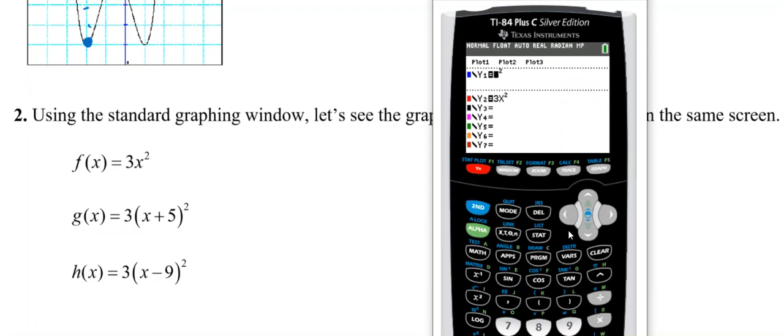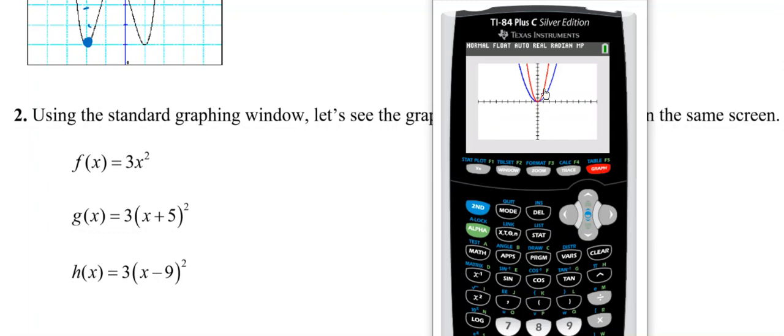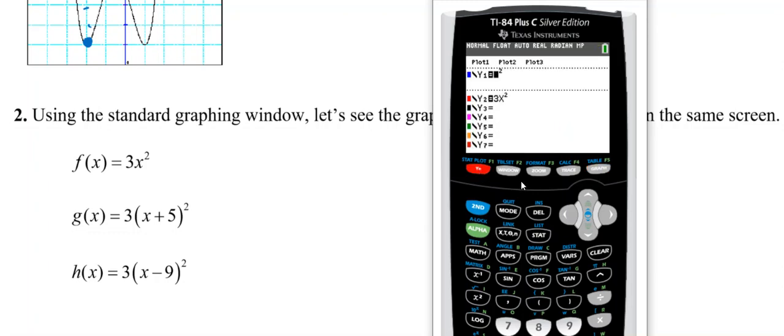I'm sorry, not the vertical shift, I meant a vertical stretch. So we did stretch it vertically, comparing the graph of x squared and 3x squared. It didn't shift up, it didn't translate up, it just got stretched. So let's get rid of that first graph. I'm going to deactivate that one.